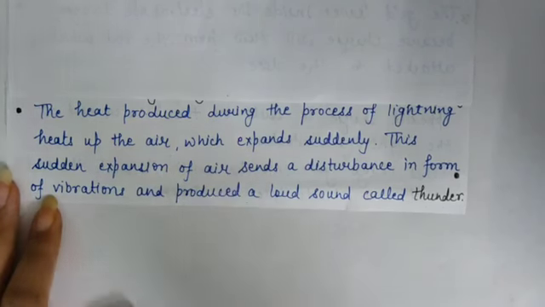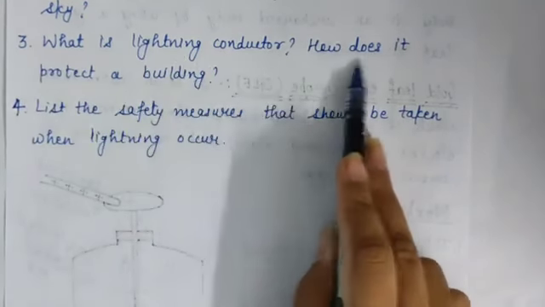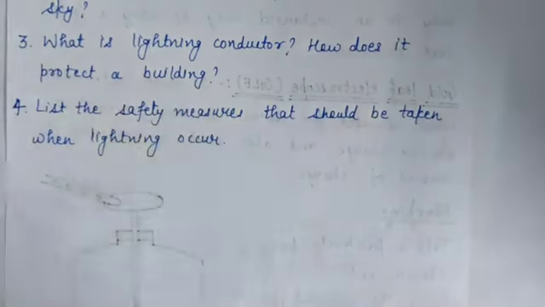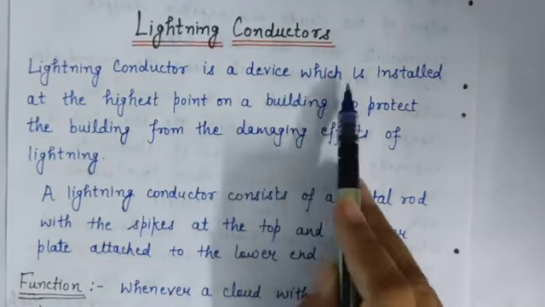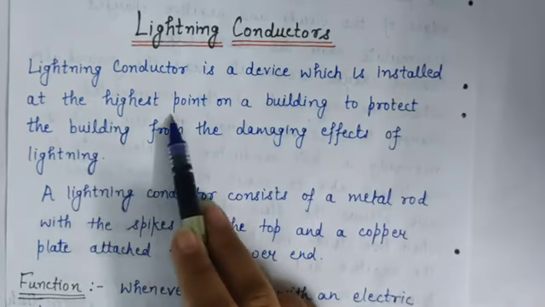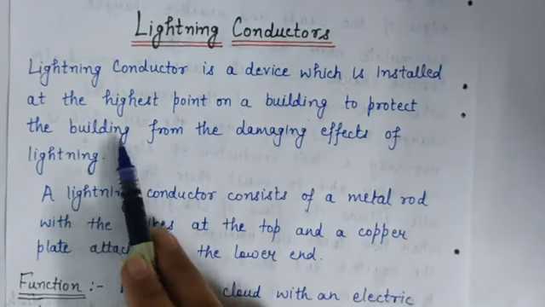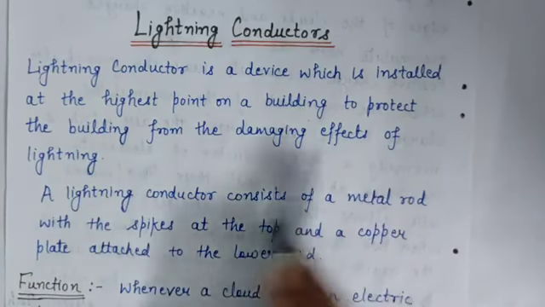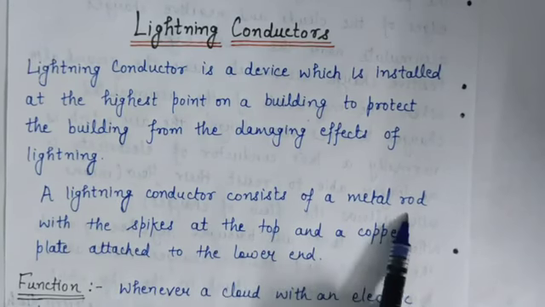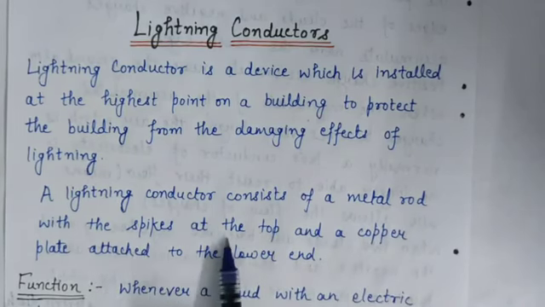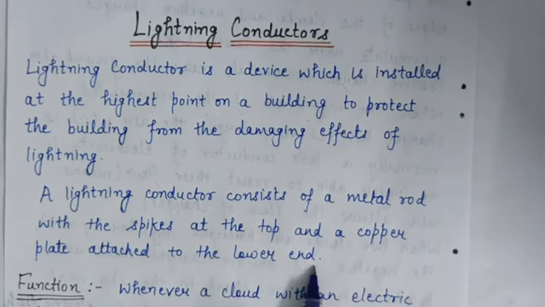Okay. Now the third question is, what is a lightning conductor? How does it protect a building? So the answer is, a lightning conductor is a device which is installed at the highest point on a building to protect the building from the damaging effects of lightning. A lightning conductor consists of a metal rod with spikes at the top and a copper plate attached to the lower end.